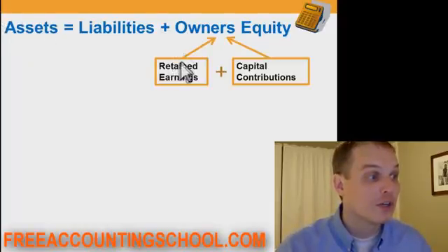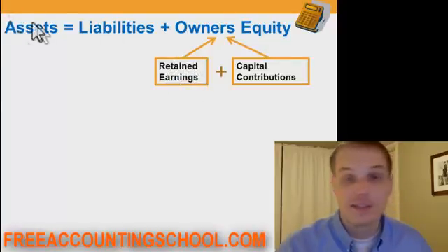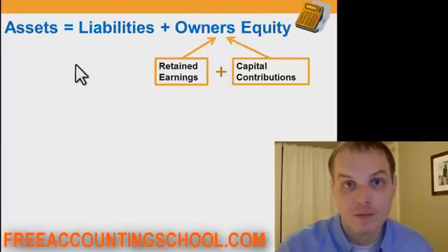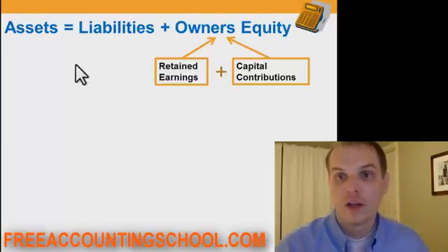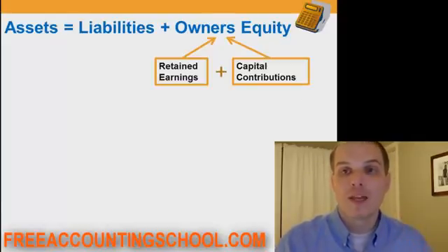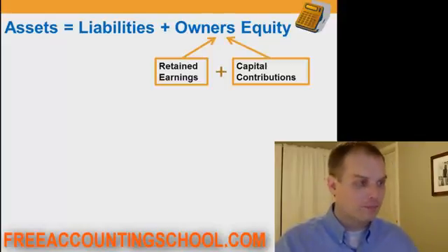Well, retained earnings is a record that shows why those assets stayed in the business. It's because you just left them there and it was profit from a previous accounting period. Okay? So retained earnings comes from the remaining profit, or another term for profit is net income, okay?